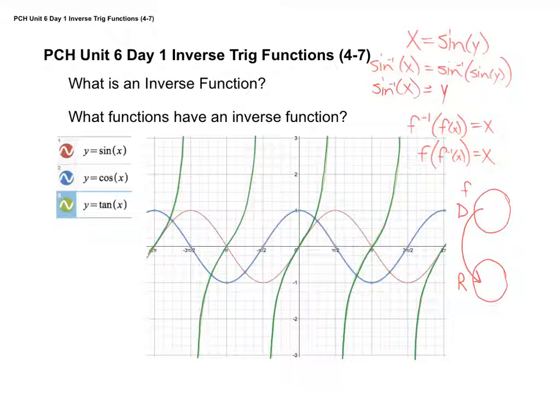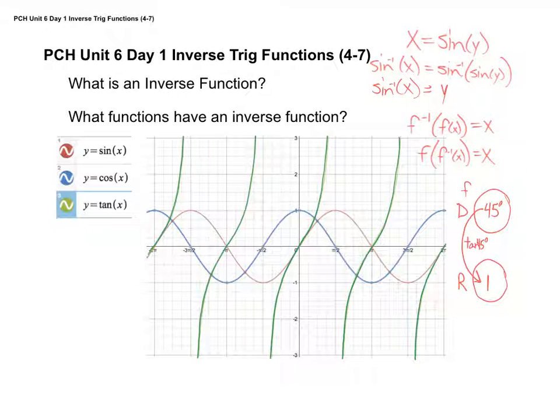So for example, you guys know from the unit circle that if I have 45 degrees, let's say the tangent of 45 degrees equaled what? Do you guys remember? So it's 1, yeah. Okay?